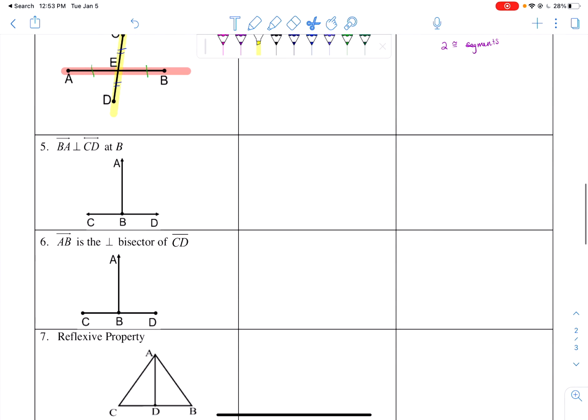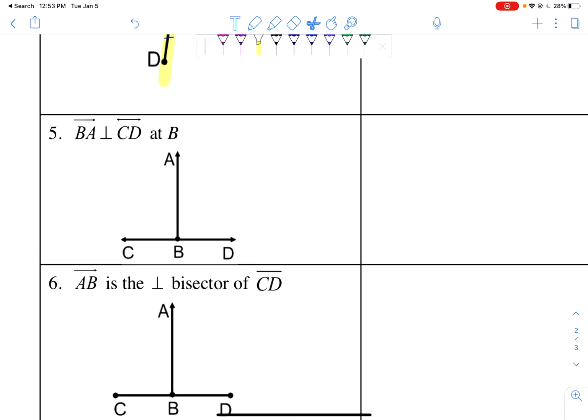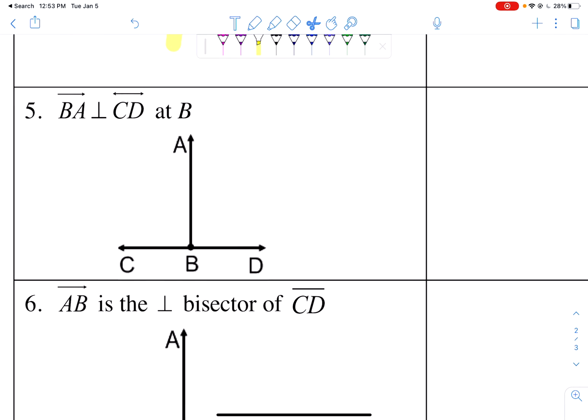Now, BA is perpendicular to CD at B. So this is a two-stepper. Whenever you have perpendicular, you need to say these two things. So if I look, I can say BA is perpendicular to CD at B. We know that whenever we see perpendicular, we're dealing with right angles. So I can make this an angle 1 and an angle 2.